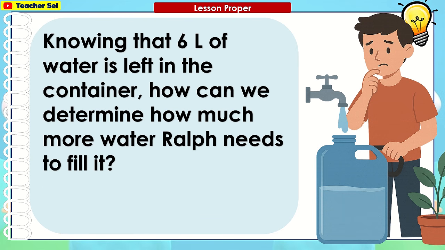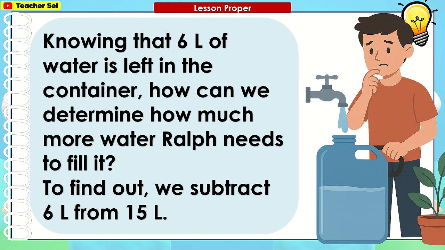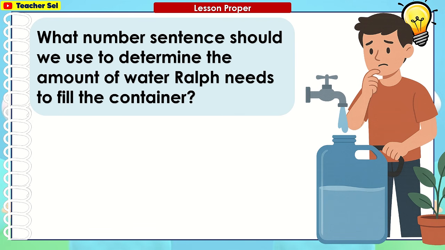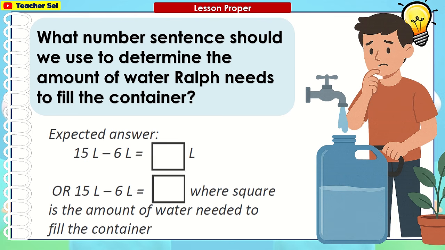Knowing that 6 liters of water is left in the container, how can we determine how much more water Ralph needs to fill it? To find out, we subtract 6 liters from 15 liters. What number sentence should we use to determine the amount of water Ralph needs to fill the container?